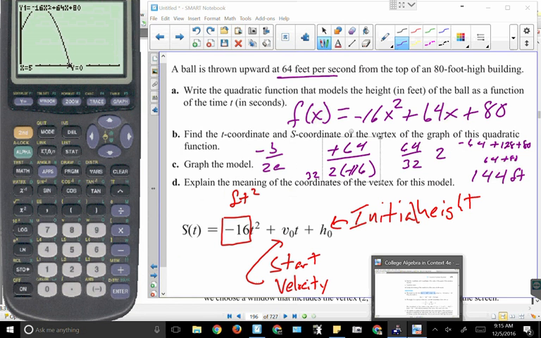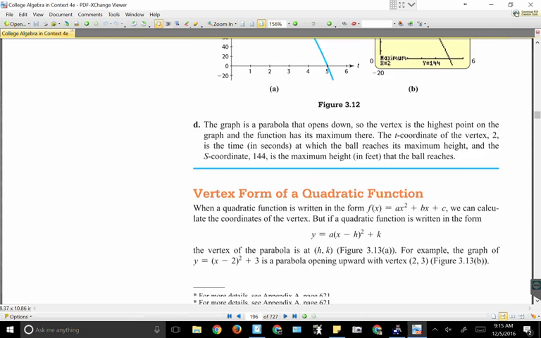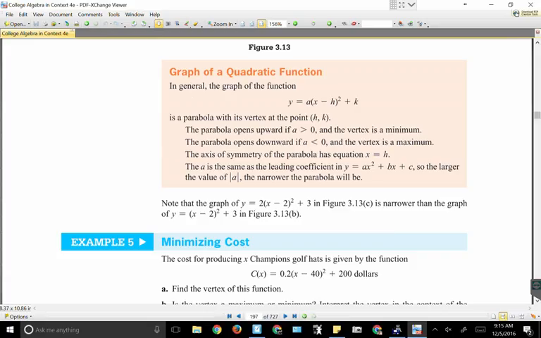Another form that we use is vertex form. If you have it in this form, it tells you automatically where the vertex is. You don't have to do any calculation.